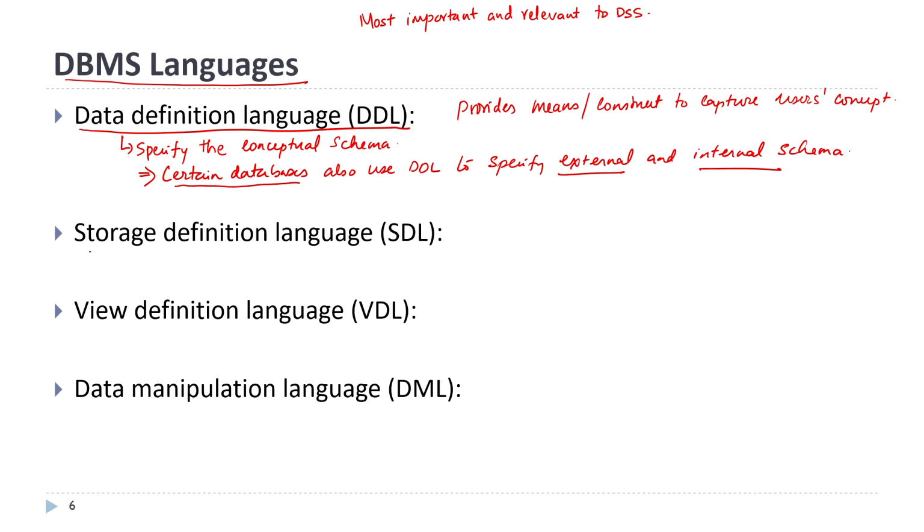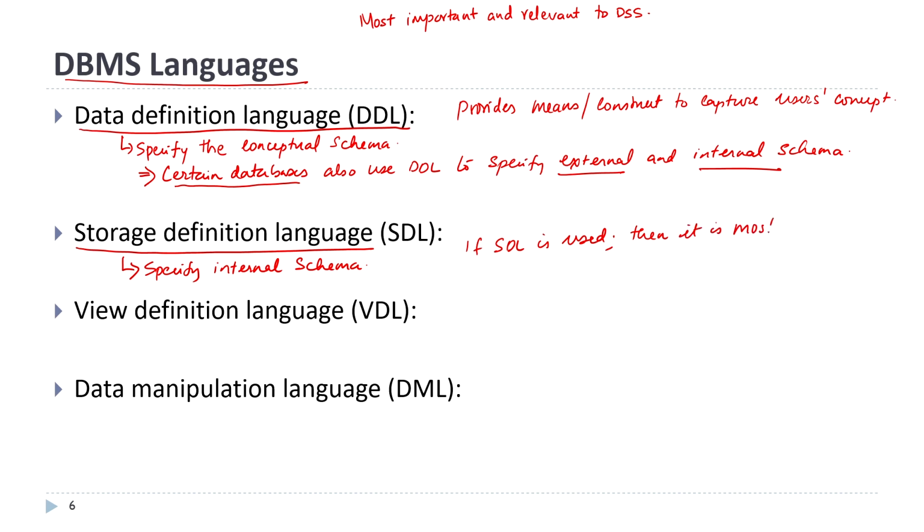Then comes the second one, which we call the storage definition language, SDL. Okay. The main purpose of it is to specify the internal schema. So if SDL is used, then it is mostly for the internal schema, or how the internal storage happens.